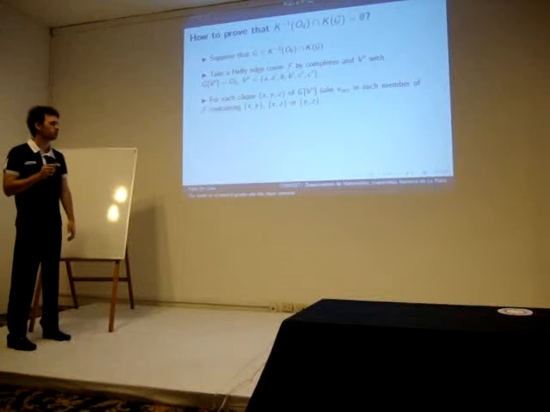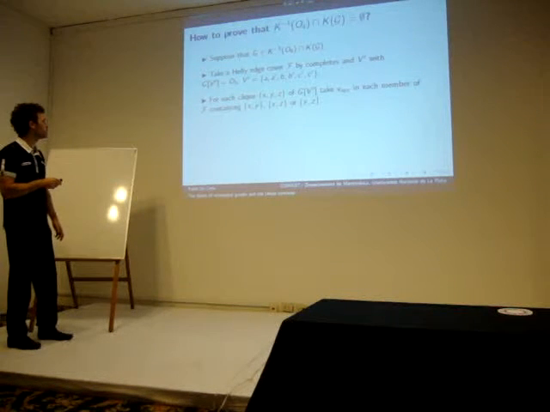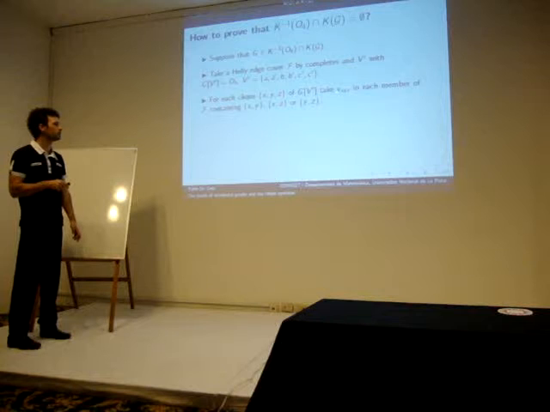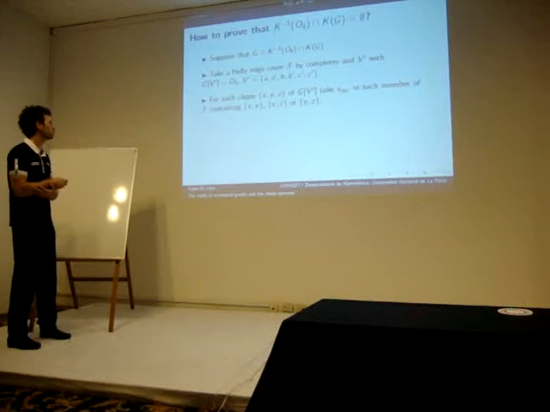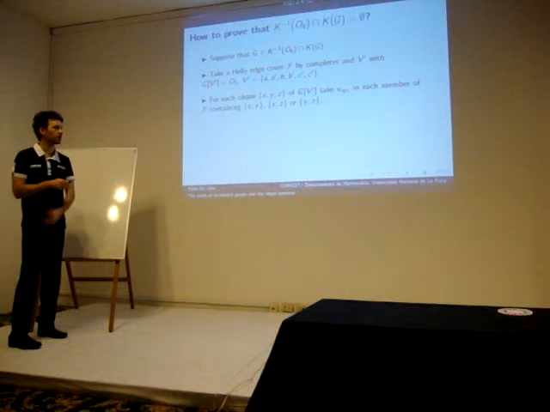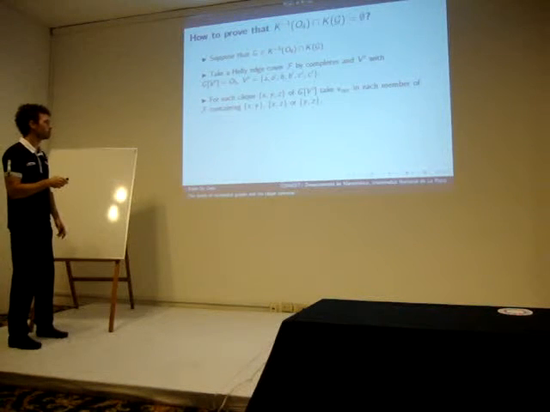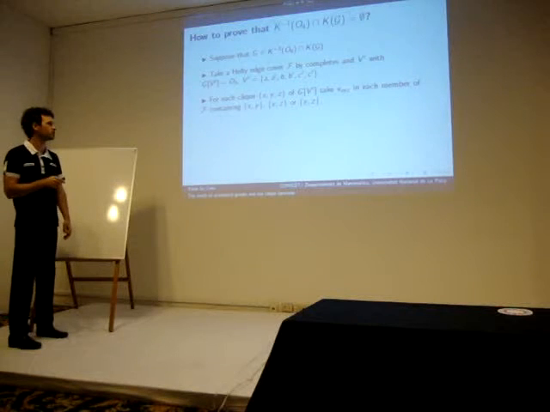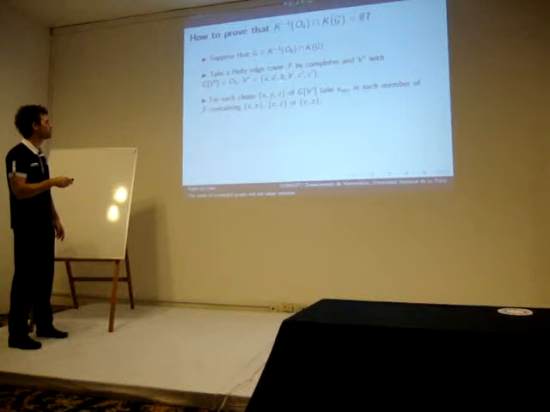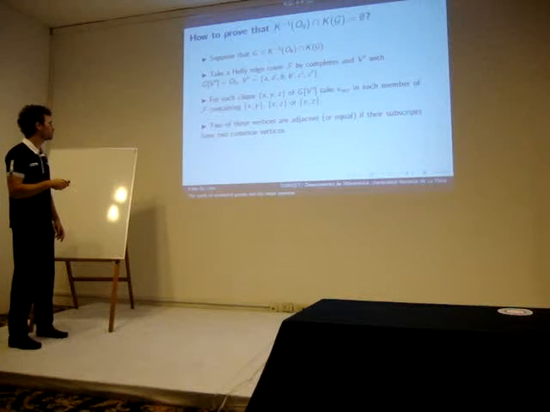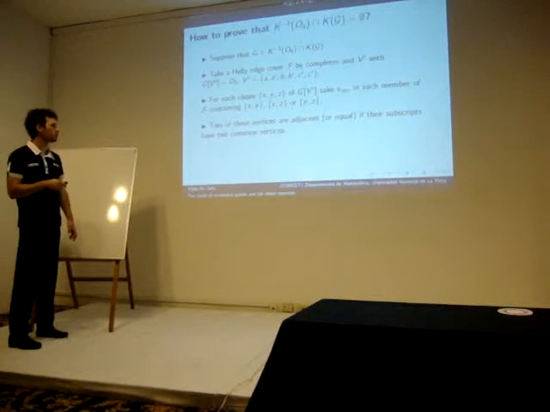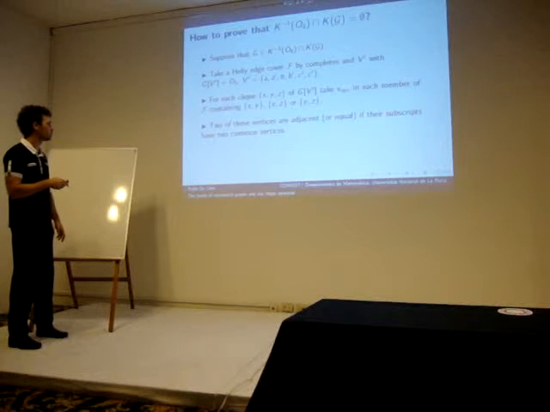In this context, we will define for each triangle X, Y, and Z of the induced O3 a vertex B sub X, Y, Z that must be in each member of F containing XY, XZ, or YZ. This vertex always exists because the family is being assumed to be Helly. These 2 vertices happen to be adjacent when their indexes share two common vertices.